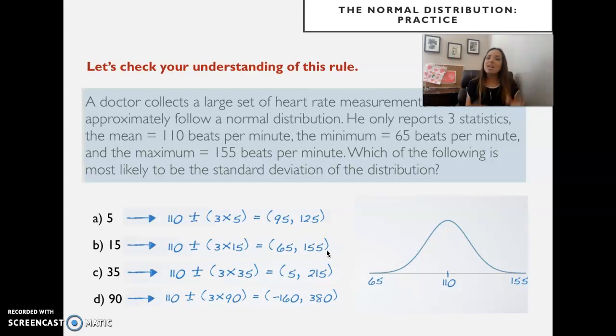Because as we said, not 100% of the data will be between the mean minus 3 standard deviations and the mean plus 3 standard deviations, but almost, 99.7%. So in this situation here, this would definitely be the closest approximation to the standard deviation.